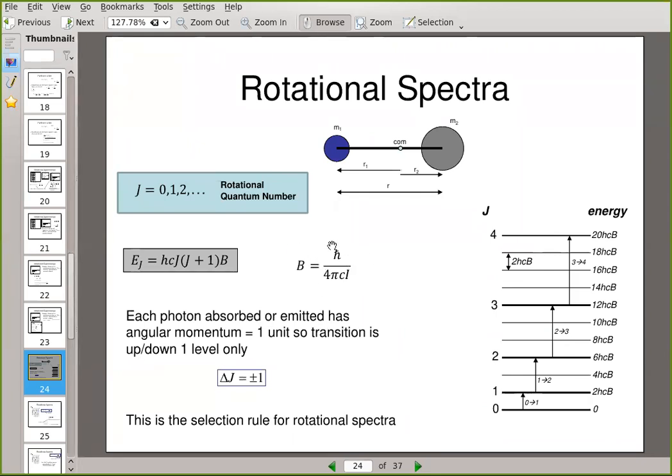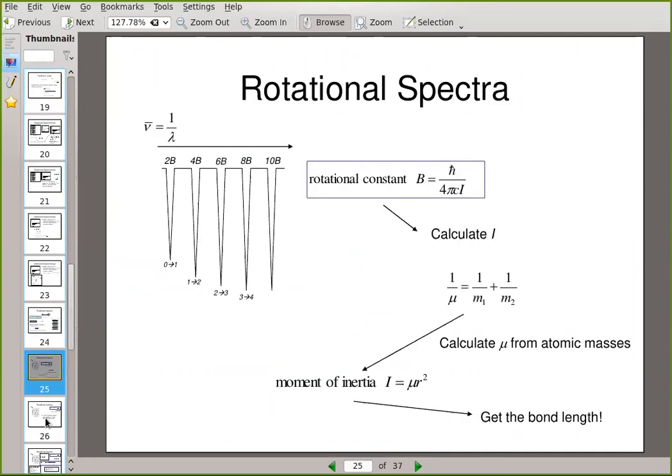So from the spectra we can calculate B, and from B we can calculate the moment of inertia, and from that we can calculate the bond distance. So this is our procedure.